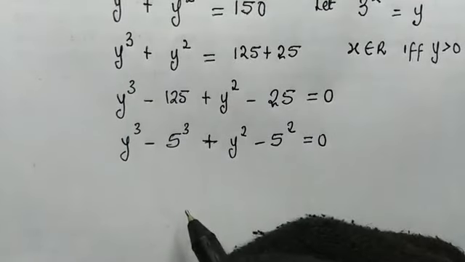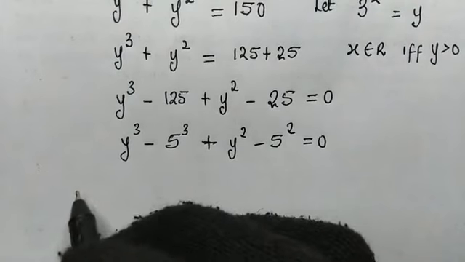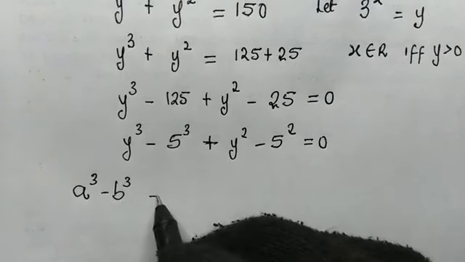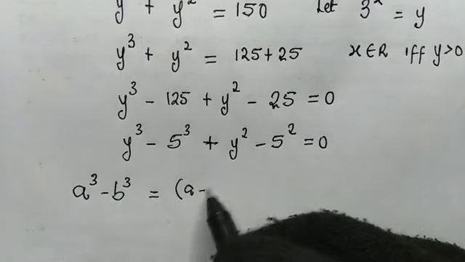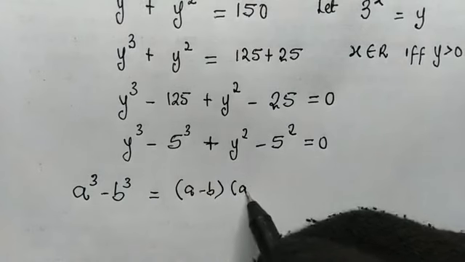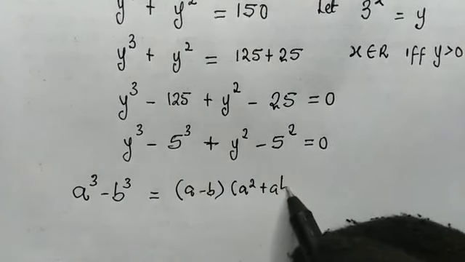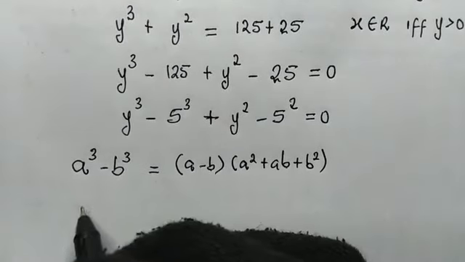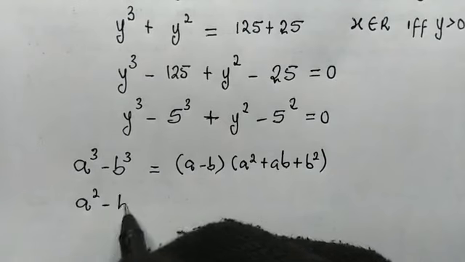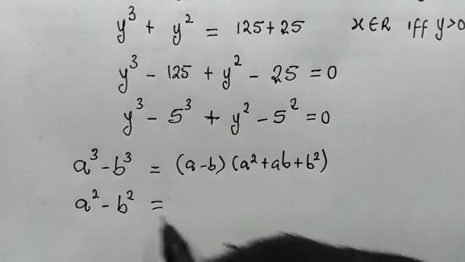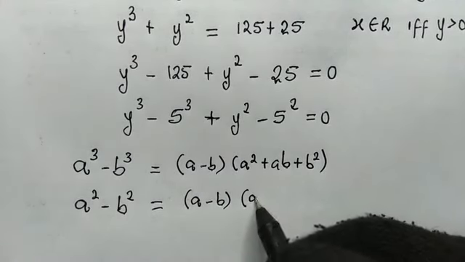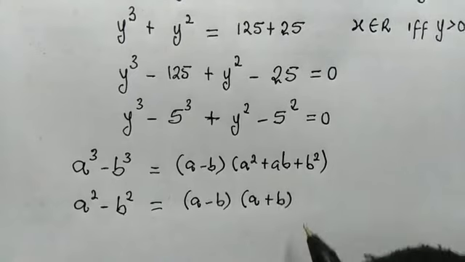So let's record the following algebraic identities. The difference of two cubes formula: a cubed minus b cubed is equal to a minus b into bracket a squared plus ab plus b squared. And the difference of two squares formula: a squared minus b squared is equal to a minus b multiplied by a plus b.